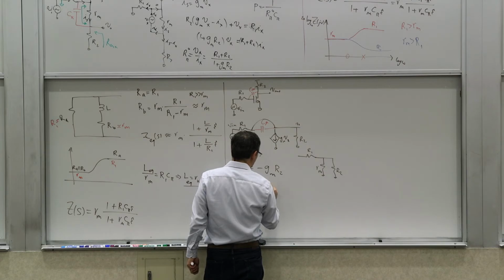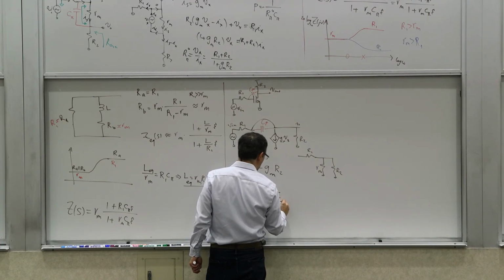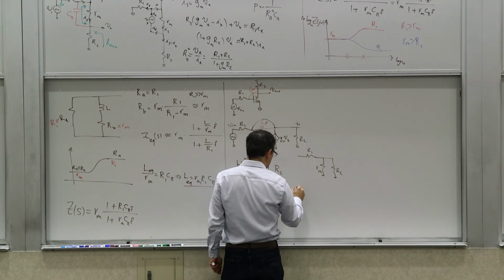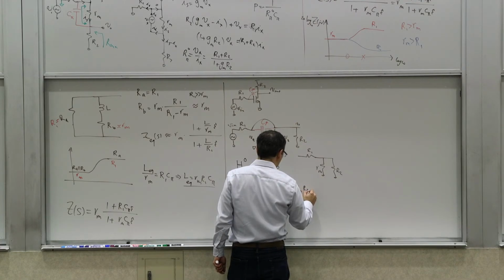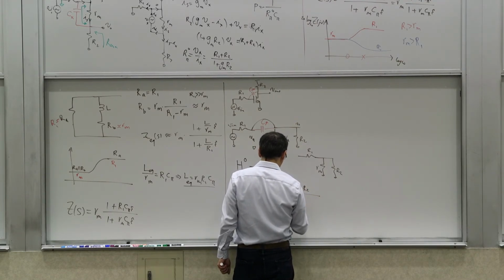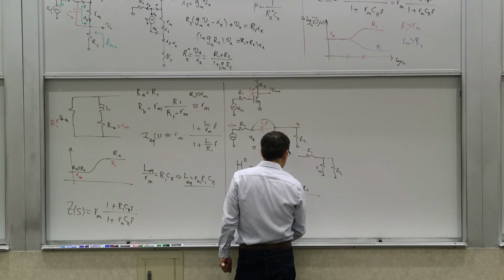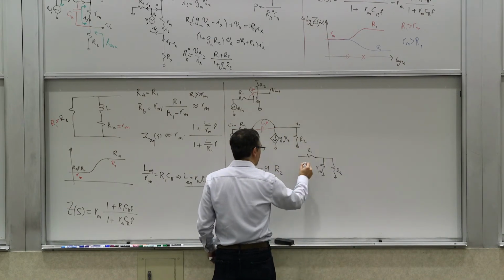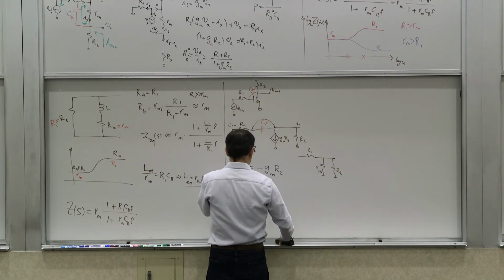So it would be Rm parallel R2 divided by R1 plus Rm parallel R2. You can also expand it, but let's not expand it for now. We'll deal with that later. So this is the H mu.